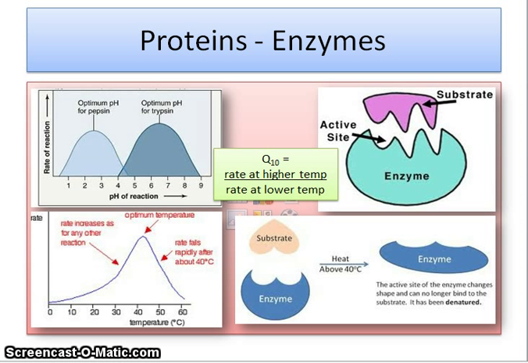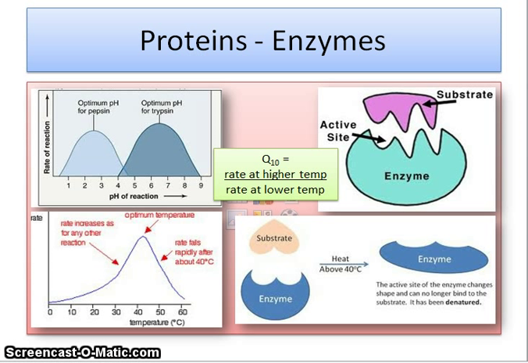In the bottom left hand corner, you'll see a graph showing you the optimum temperature for enzymes to work, and if you notice, as soon as you get above 40 degrees your enzymes will stop working, and this is because they are starting to denature, okay, which means they are kind of unravelling. So please remember, don't say they're all dying off, you have to say they are denaturing and unravelling.